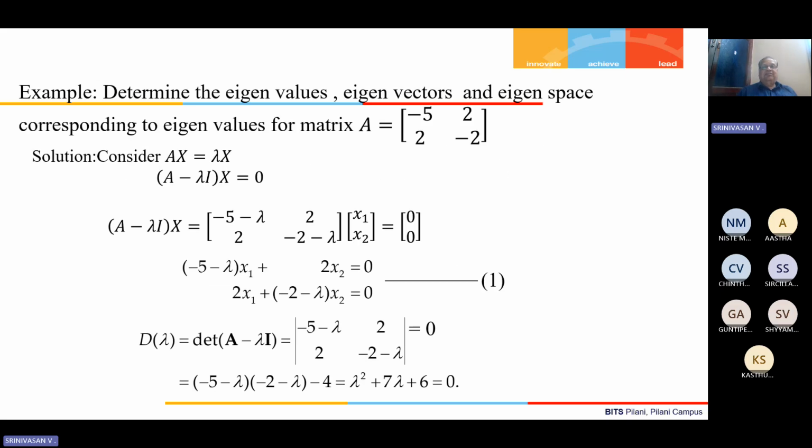Now, let's start with finding, for a simple matrix A of order 2 by 2, the eigenvalues and the corresponding eigenvectors. Of course, in this problem it is also given to find the eigenspace, but more generally, mostly you will be asked only to find eigenvalues and eigenvectors.